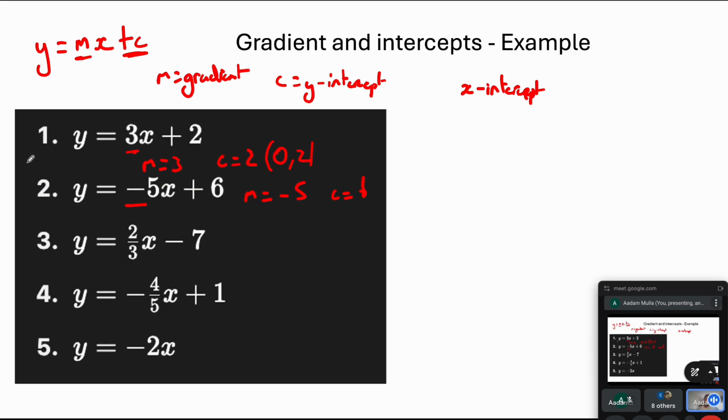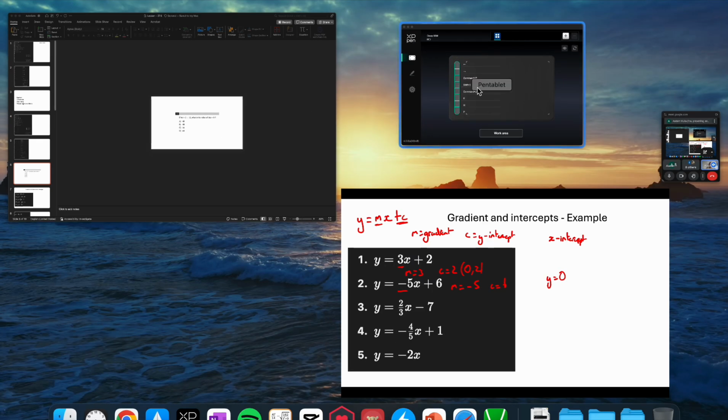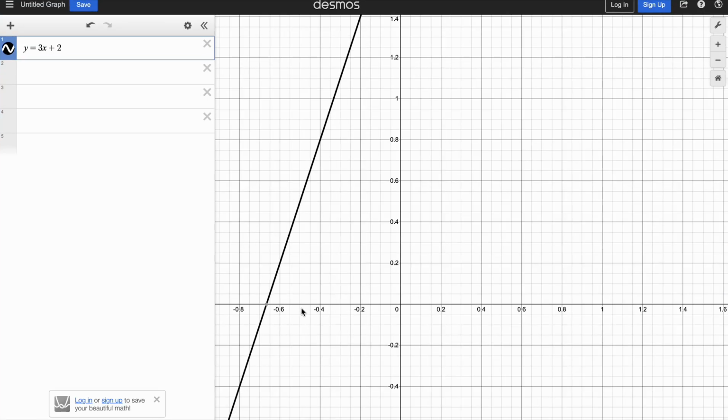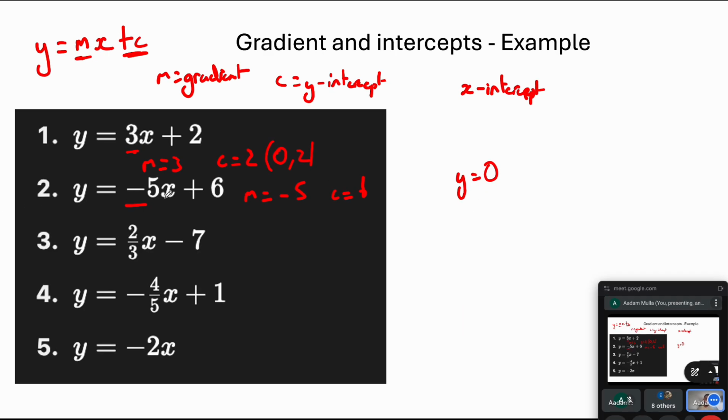And one way you can do that is you substitute in 0. So I would substitute y for 0, because when y is 0 on this line, on the x-axis, y is always 0. If I substitute that in, I can find out what the x-coordinate will be. So 0 is equal to negative 5x plus 6.